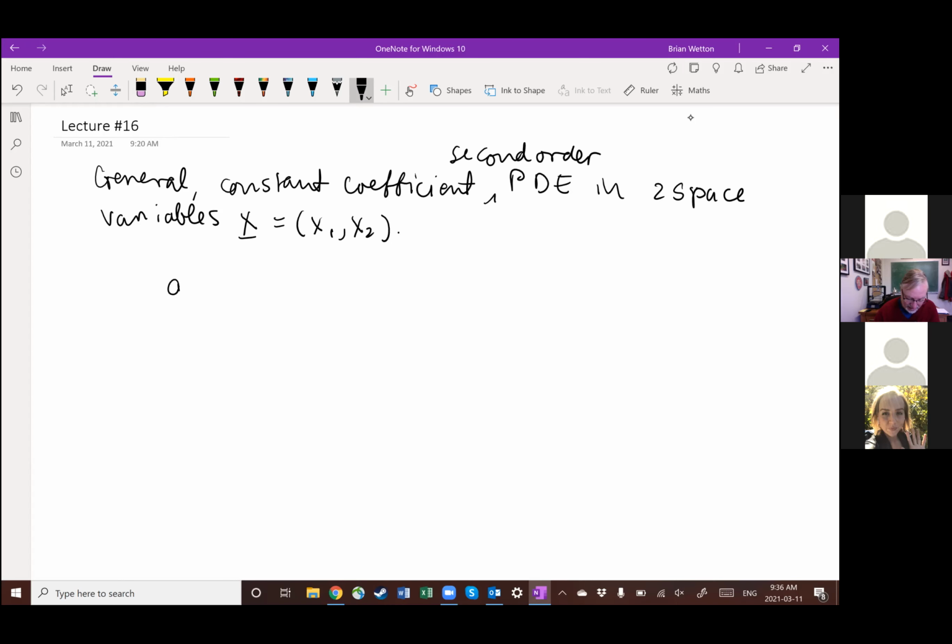I've got the A second derivative with respect to the first variable. I've got the C second derivative with respect to the second variable. Now, I'm going to have a coefficient in front of the mixed partial derivative. And just to make some of the algebra a little bit cleaner later on, I'm going to call it 2 times B times the mixed partial derivative.